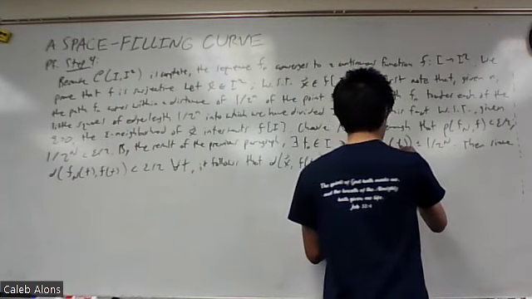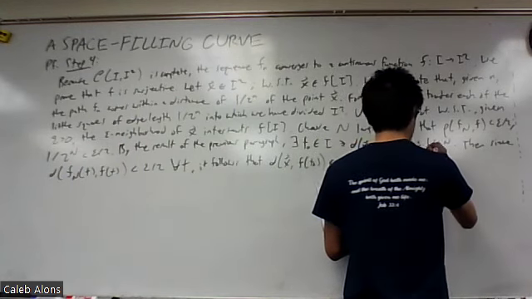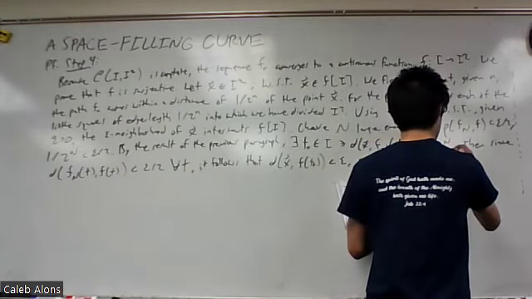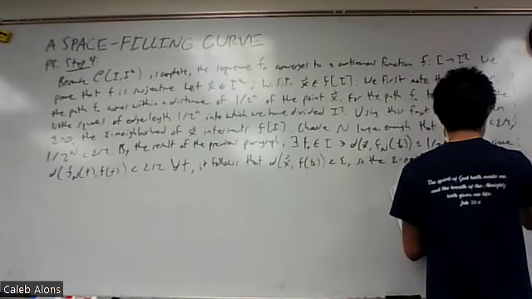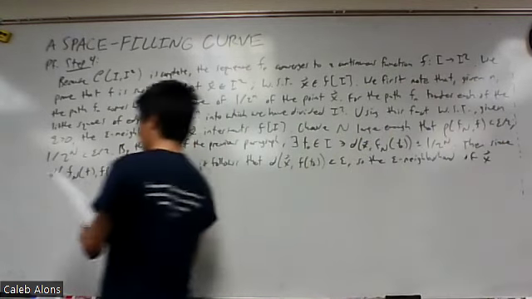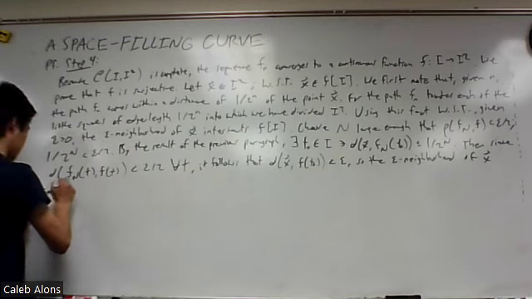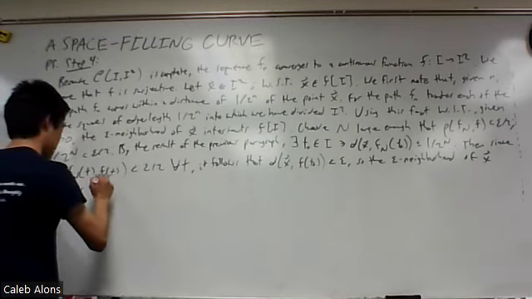So the epsilon neighborhood of the point must intersect the image.